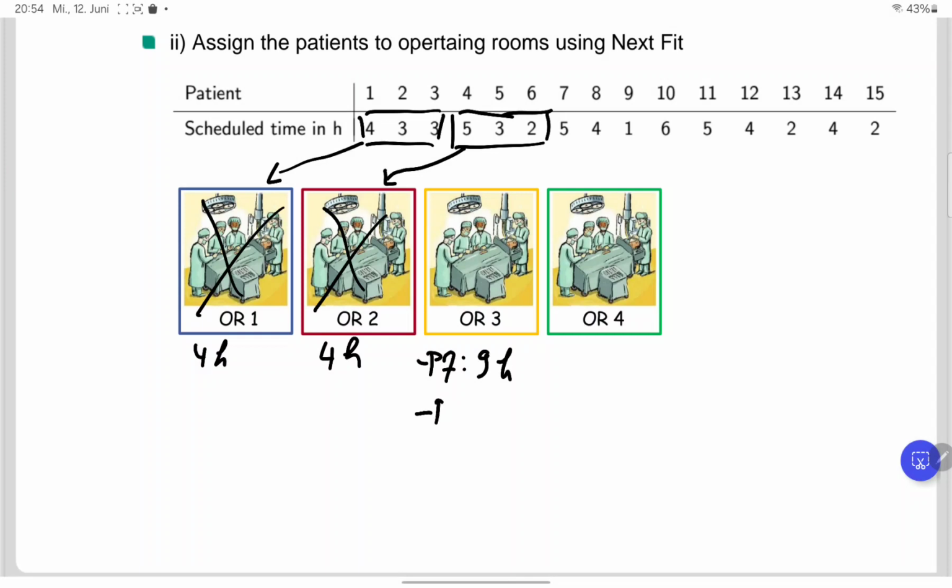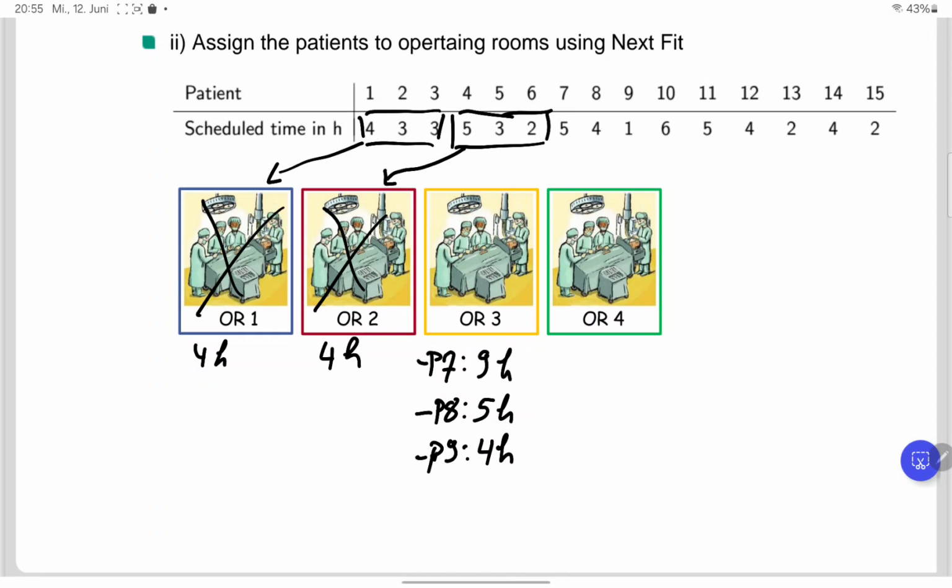We can also assign the eighth patient with 4 hours of surgery time, so we are left with 5 hours, and we can still assign the ninth patient, and we still have 4 hours left.